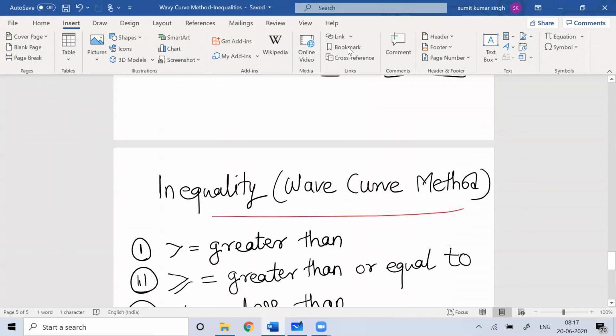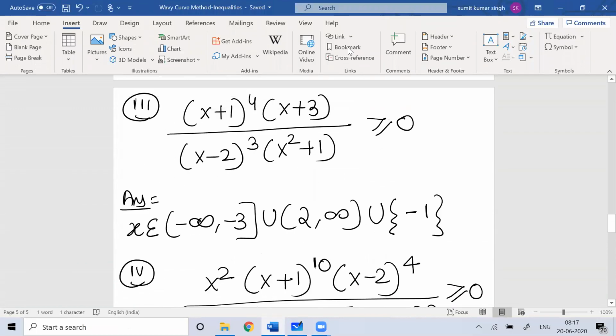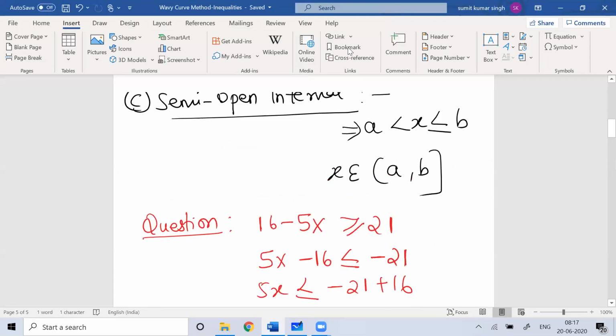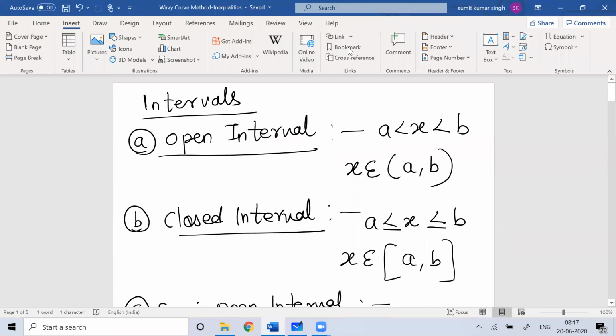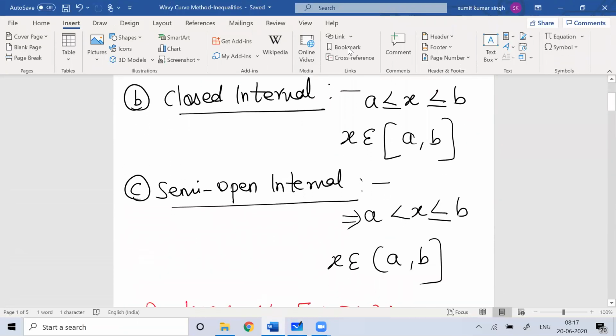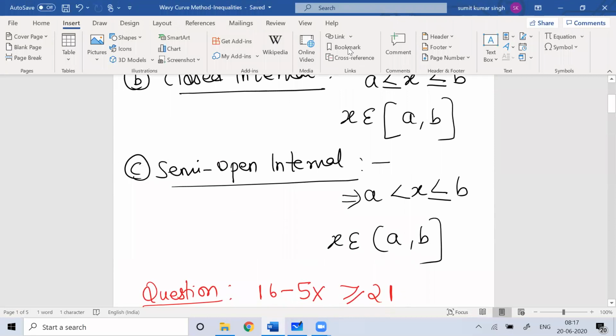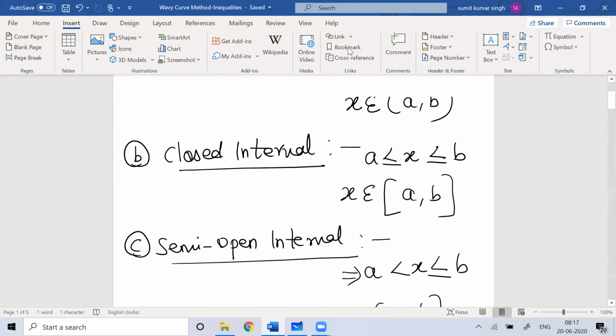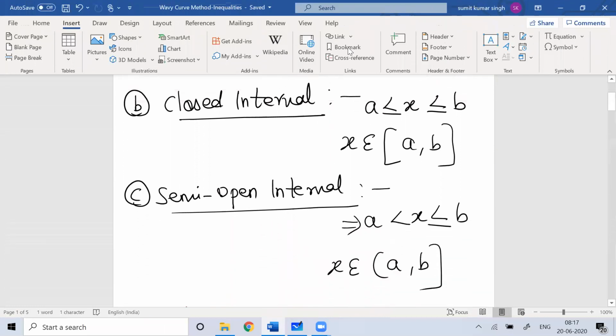Now going further, this open interval, closed interval, and semi-open interval. I talked about open interval, I talked about closed interval, and it can be semi-open or semi-closed interval.